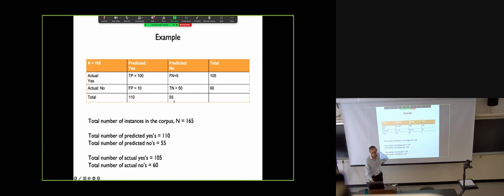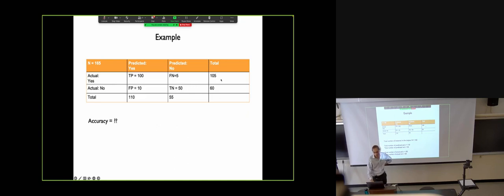Total number of predicted nos is 50 plus 5, 55. Actual number of yeses, we sum the row: 100 plus 5, 105. The accuracy is given by true positives plus true negatives over all the instances. So here it's 100 plus 50 divided by 165, which is 0.91 accuracy.